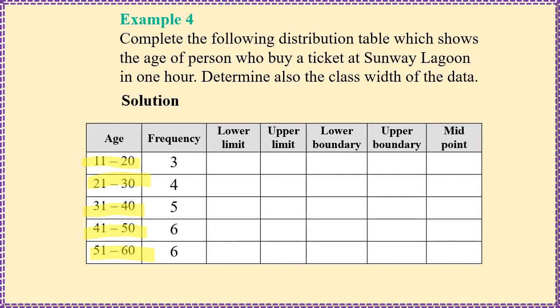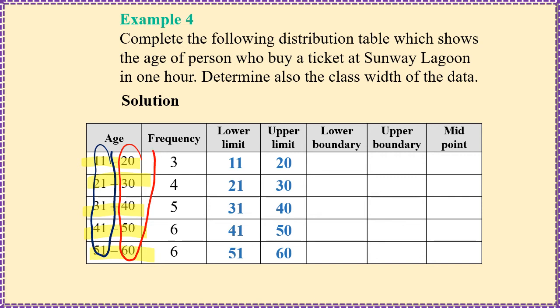Then we have the frequency. The lower limits are taken directly from the class: 11, 21, 31, 41, 51. And the upper limits are 20, 30, 40, 50, and 60.